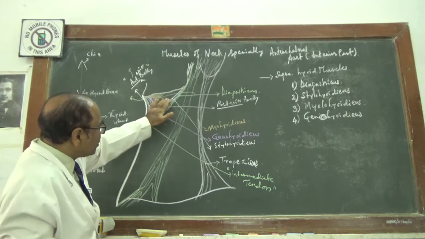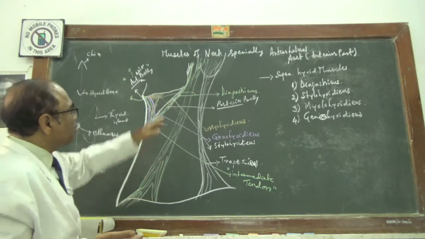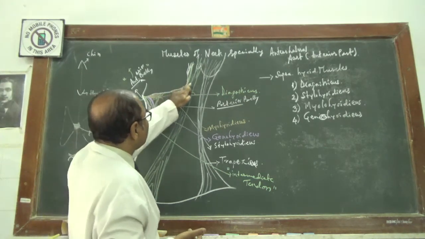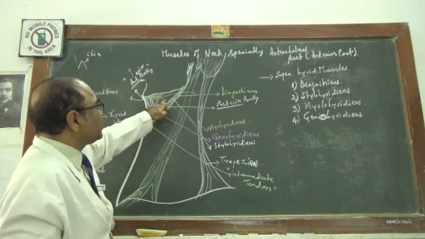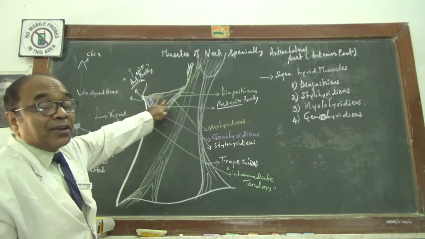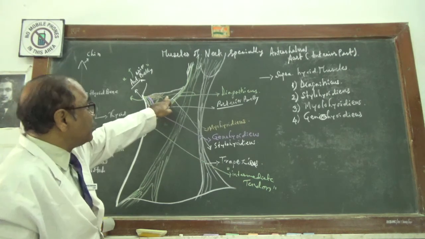And then in the digastric you will have the submandibular triangle and the deep part of the carotid triangle, and the branches of the external carotid artery. That will be the thing here.